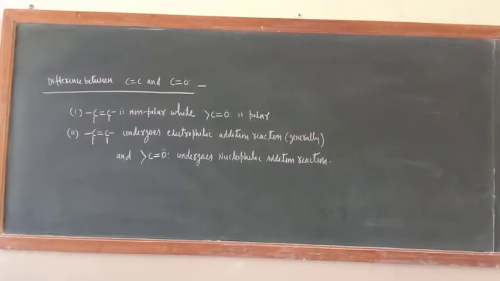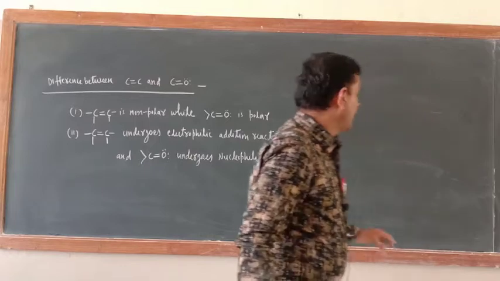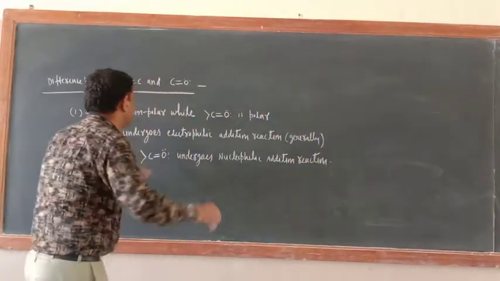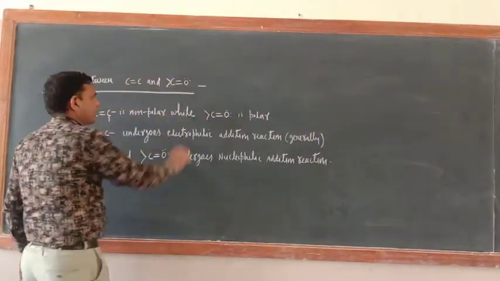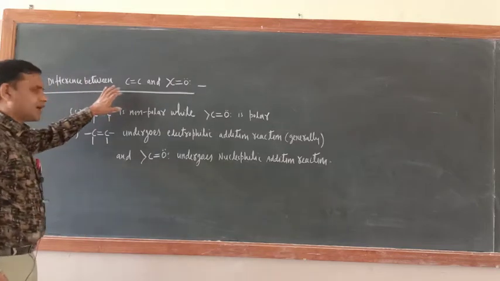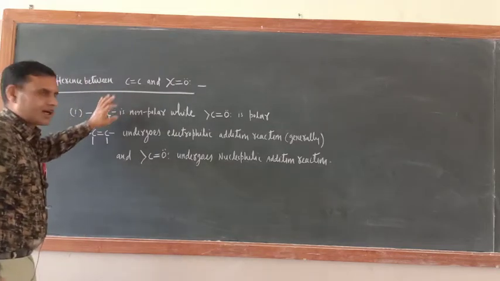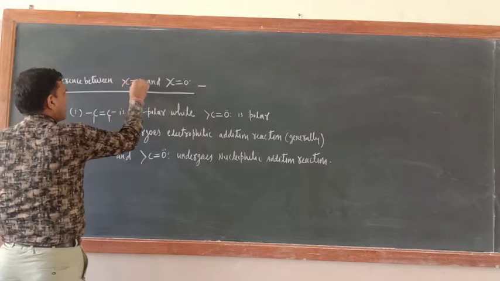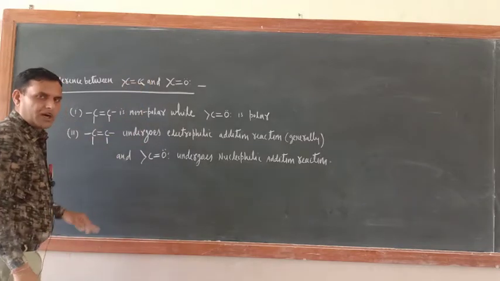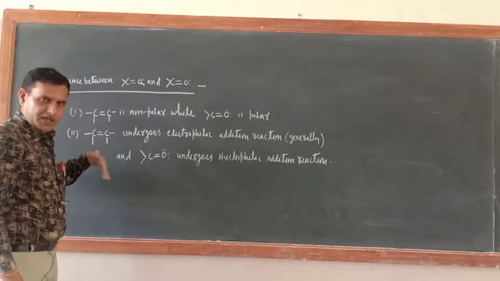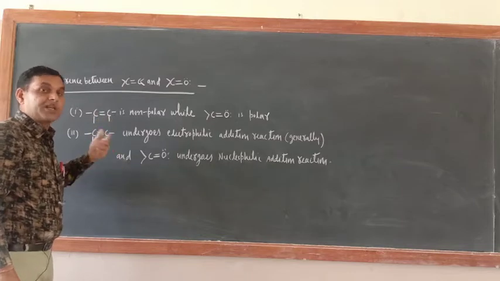There is one more question in the NCERT book: what is the difference between the carbon-carbon double bond and the carbonyl group? Just see, I taught the carbon-carbon double bond last year, alkenes, I taught or not? Wherever a carbon-carbon double bond or triple bond is there, they undergo addition reaction.